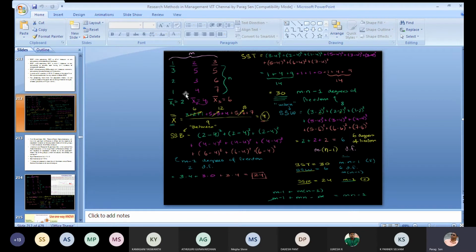First you can calculate the average of each group. x1 bar is equal to 2, the average of this column; x2 bar is equal to 4, the average of this column; and x3 bar is equal to 6, the average of this column.